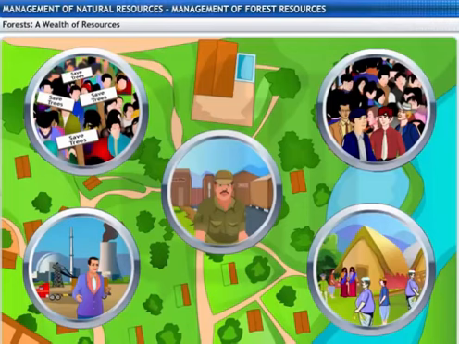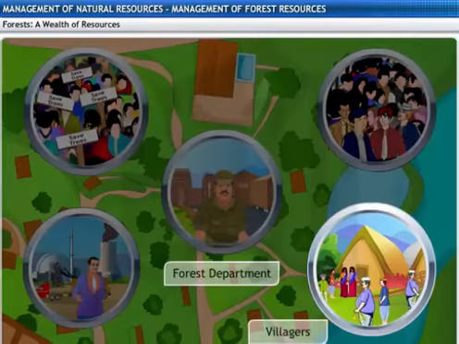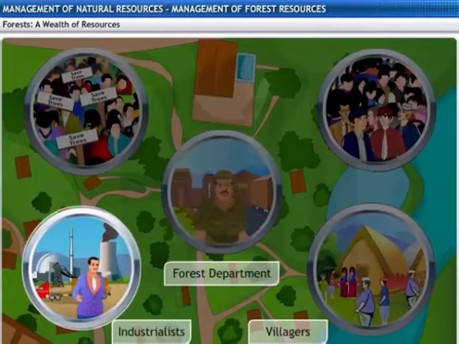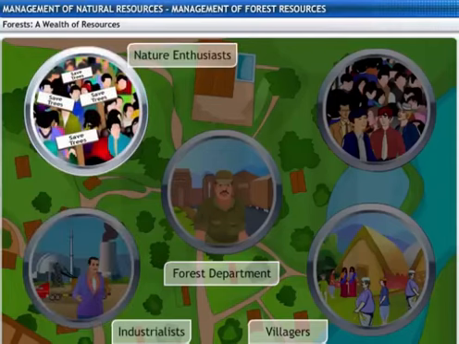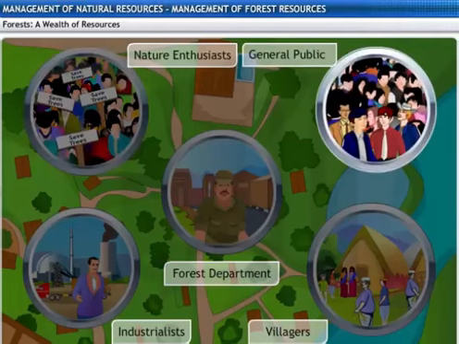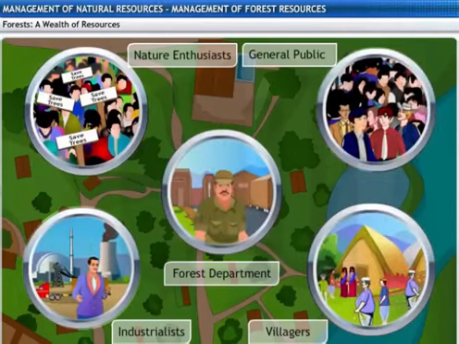These stakeholders include people who live in or around forests, or the villagers, the forest department of the government, which owns the land, industrialists who use various forest produce, nature enthusiasts who lobby to conserve nature as it is, and of course, all of us, you and me, are stakeholders too. After all, these forests also belong to us.